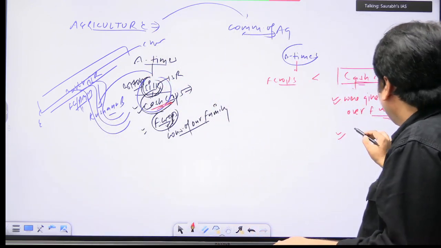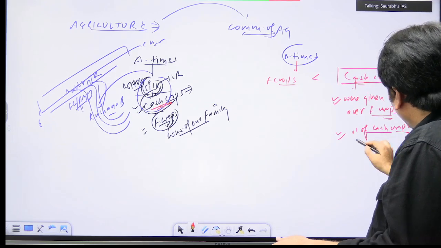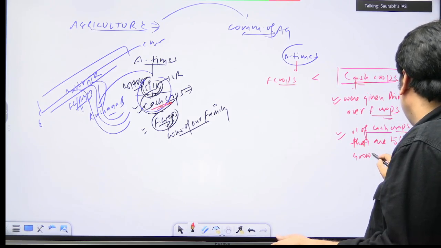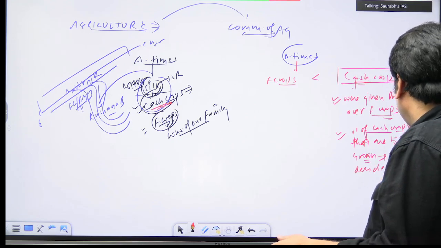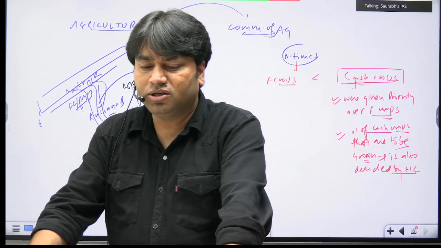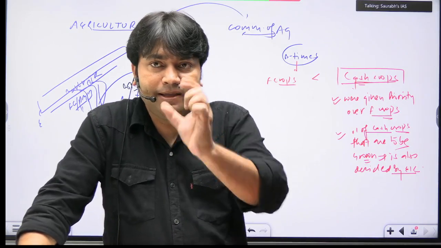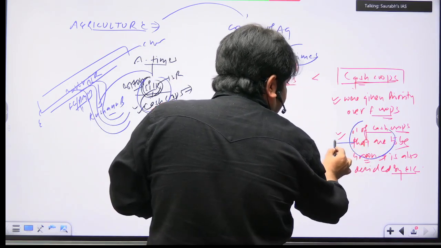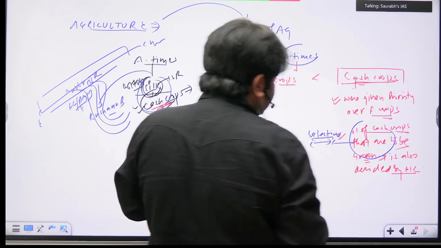So read this: the nature of cash crops that are to be grown is also decided by the EIC. It means you have to grow a particular crop. It is selective.